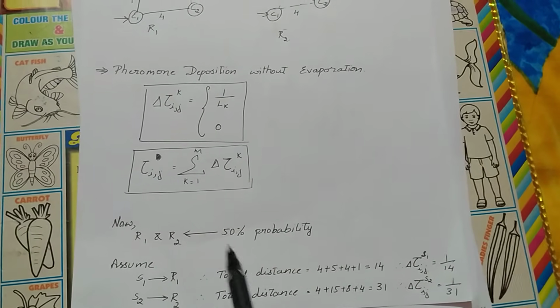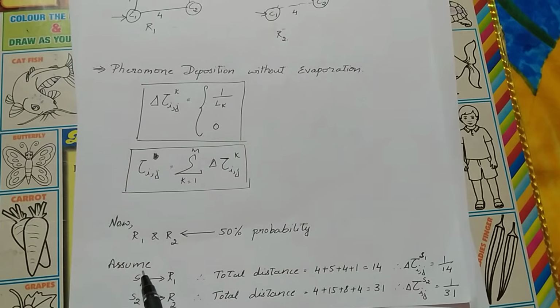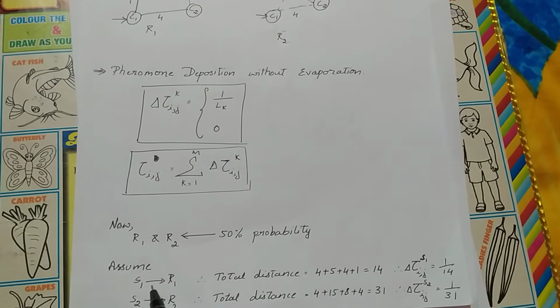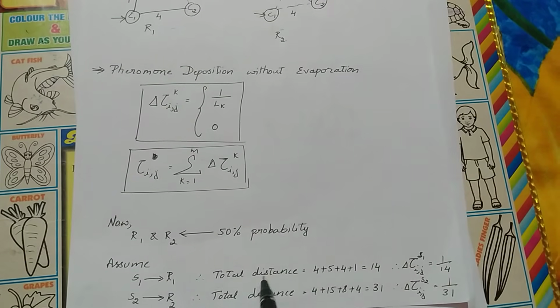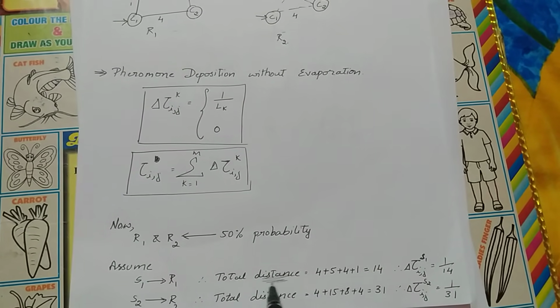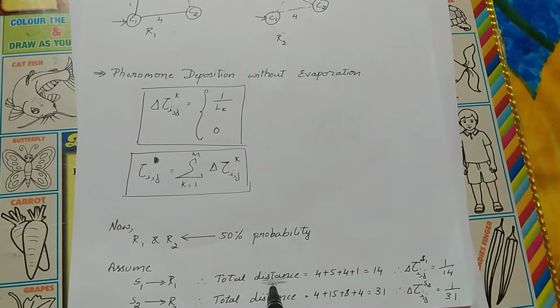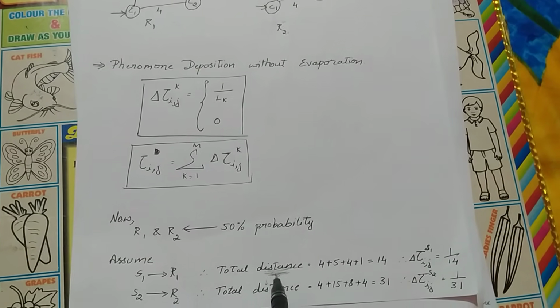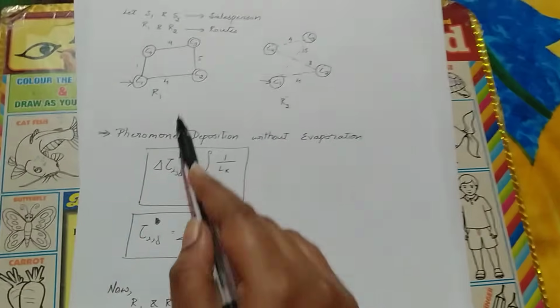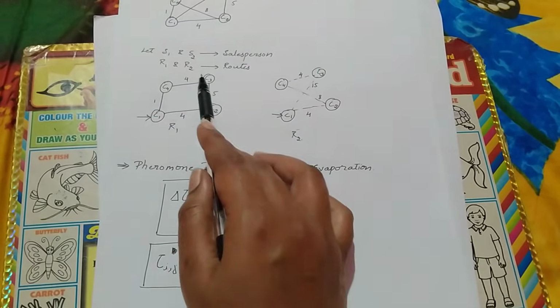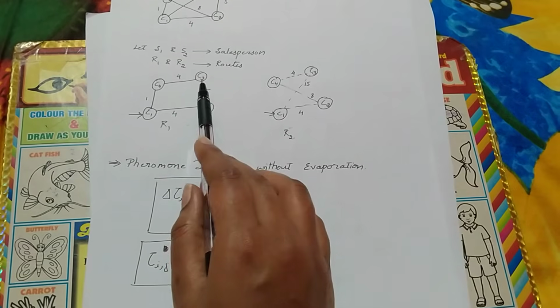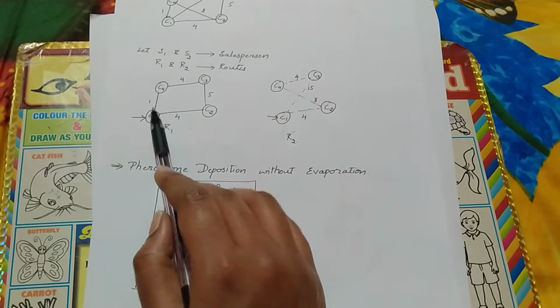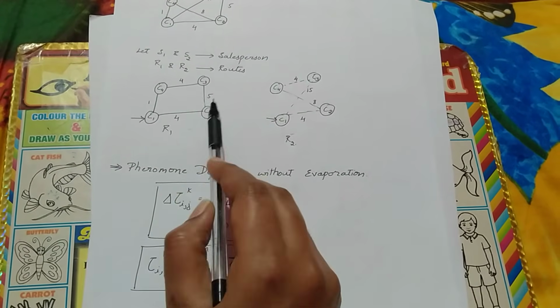So when the salesman travels route R1, he gets a total cost. It's actually a cost, not distance. I'll sum it, since he starts from C1, then moves to C2, C3 and C4, or it may be C4, C3, C2, C1.